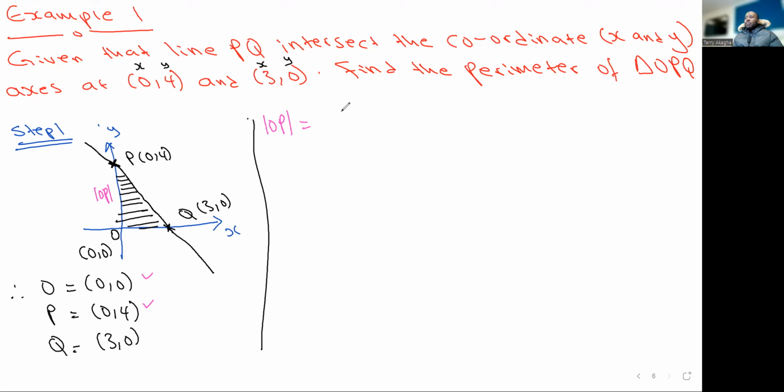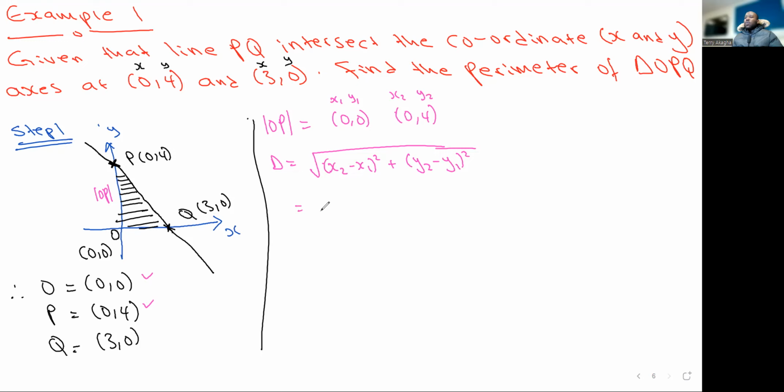So we have O is 0 and 0, and P is what? 0 and 4. Are you seeing it? Good. Then we use the distance formula. We know that the distance is equal to the square root of x2 minus x1 squared plus y2 minus y1 squared. So from this point, this is our x1, y1, x2, y2.